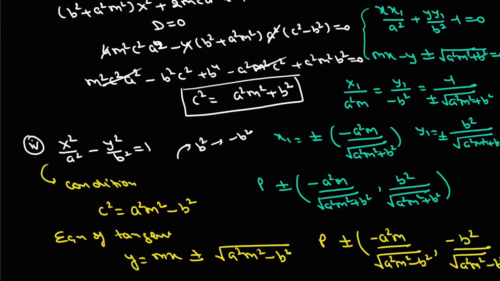So this is how we find condition of tangency, equation of tangent, and point of contact for circle, parabola, ellipse, and hyperbola. So now what we'll do is we'll compile the results. If we have this circle, x square plus y square equals a square, equation of tangent is y equals mx plus minus a under root 1 plus m square.